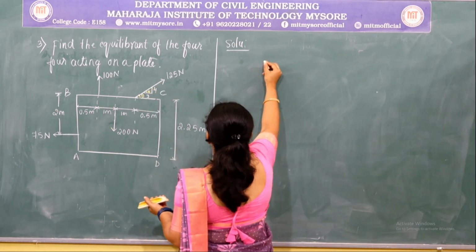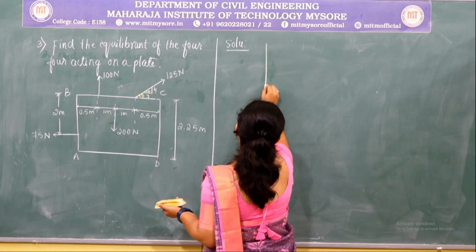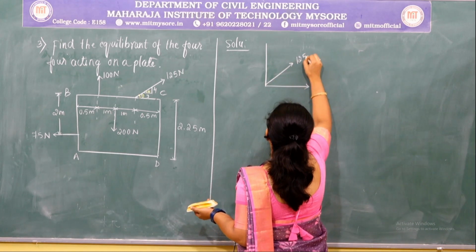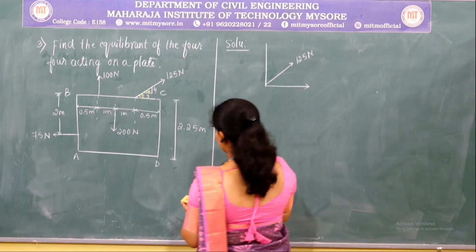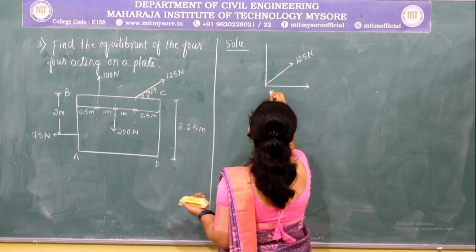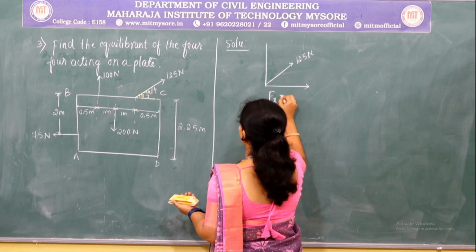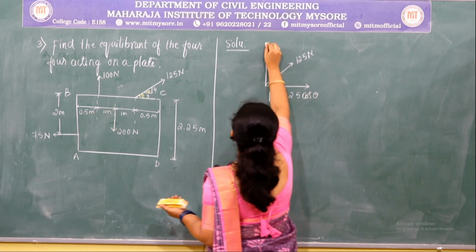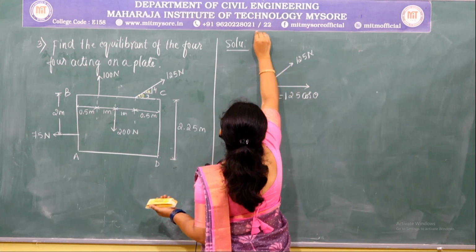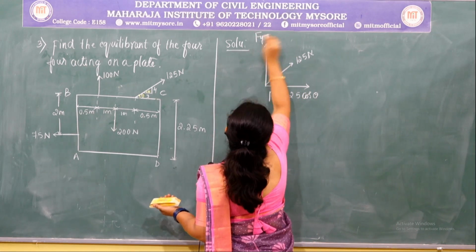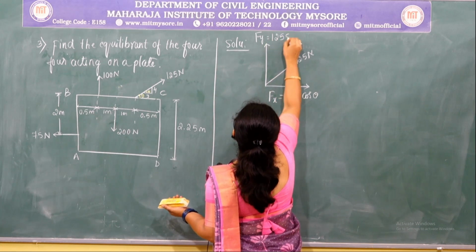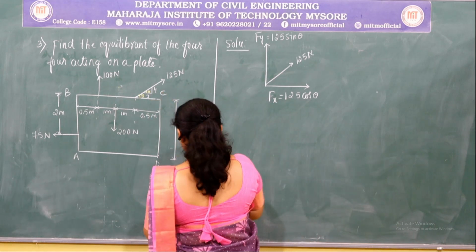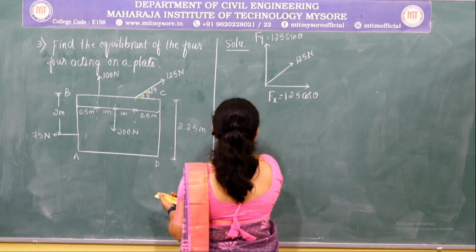So on resolving this 125 Newton force, the x component Fx is equal to 125 cos theta, and the y component Fy is equal to 125 sin theta. So to find out this theta, let us consider the slope.